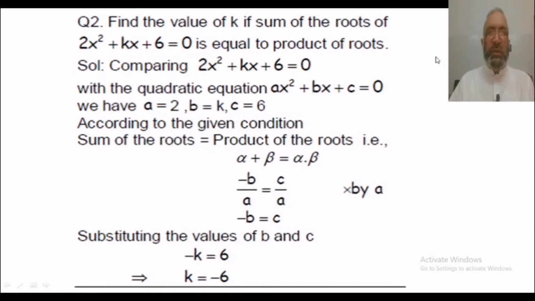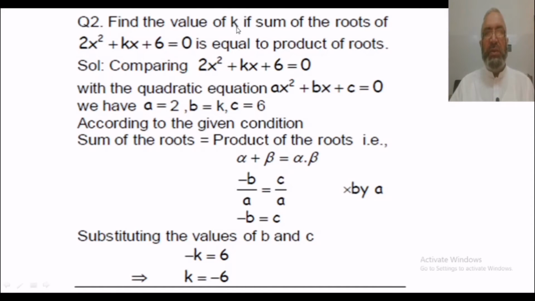Now come to question 2. Question 2, find the value of k if sum of the roots of this equation 2x square plus kx plus 6 is equal to product of the roots. So another use of these two results, sum of the roots and product of the roots. Here we have to find the value of k, which is unknown.